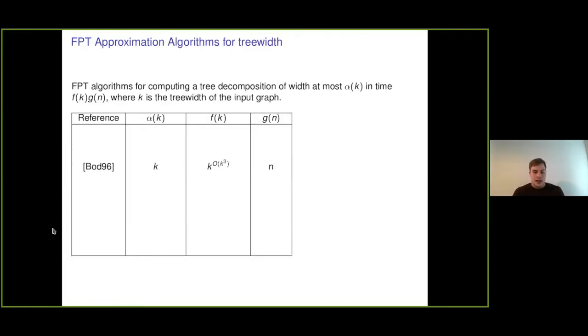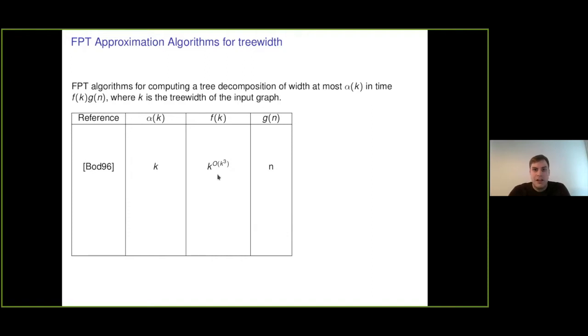Okay, and then let's look at what kind of FPT algorithms we actually have for computing or approximating tree width. Basically, the best FPT algorithm for exact computing of tree width is the algorithm of Bodlaender from 96. It's an exact algorithm, and it's very good in that its time complexity is in fact linear in the size of the graph.